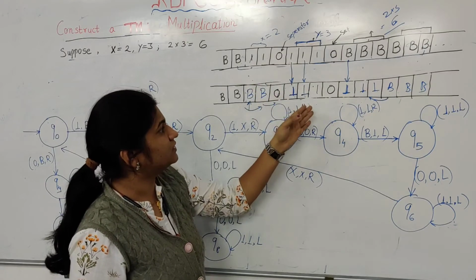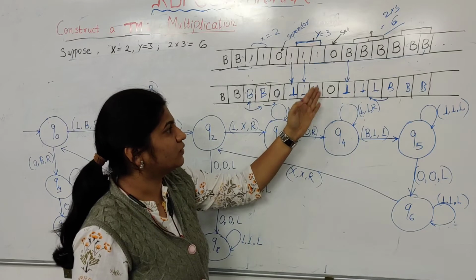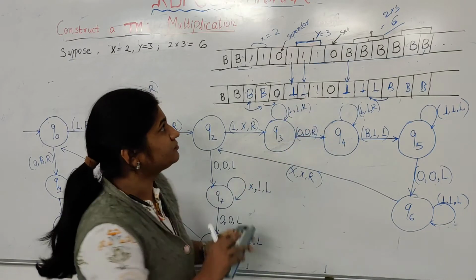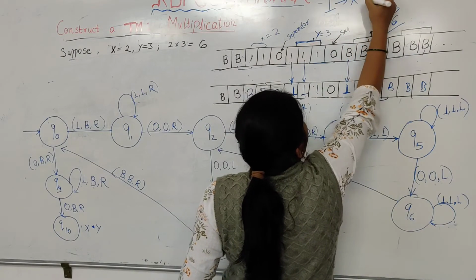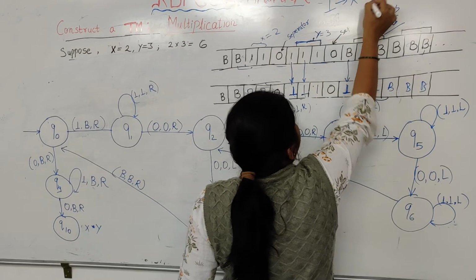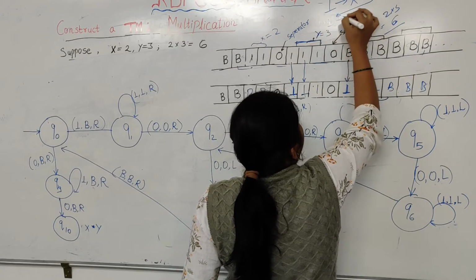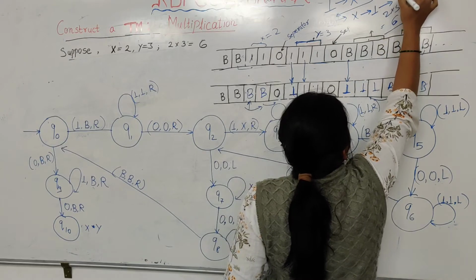Again we are traversing back, so again we have to convert this 1 into x, x into 1. Just understand: 1 we had converted into x, x we will convert into 1. Again this 1 we will convert into x, x we will convert into 1, and then into blanks.